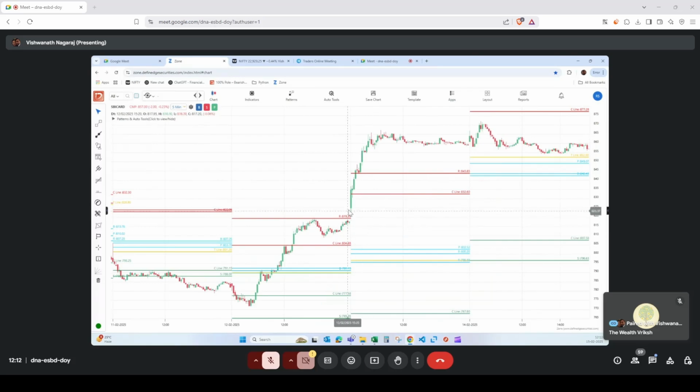But this will prevent you from gap up, push up, and then fall. Yesterday's zone was 819. Today's zone became 844, right? All clear zone. So it calculated the difference and it has given you a zone.